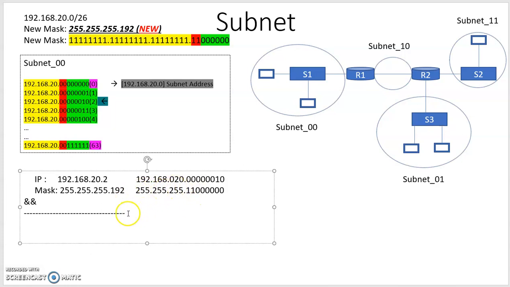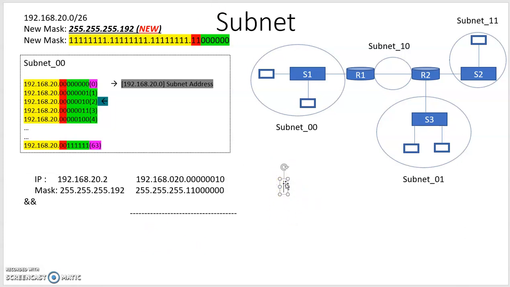Okay, so if we perform a binary AND operation, what am I getting? Let's first try to understand what a binary AND operation is.